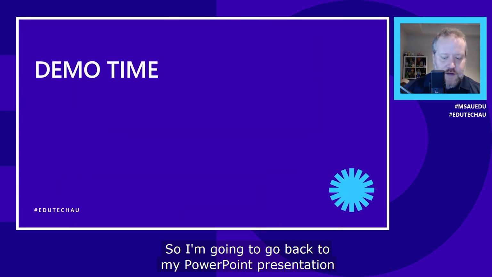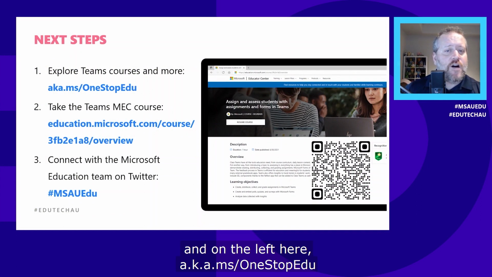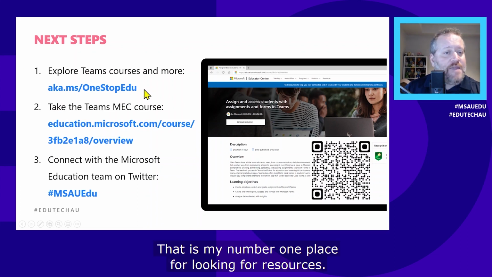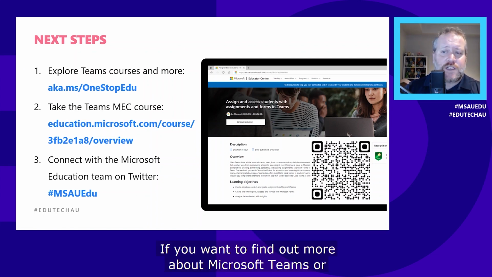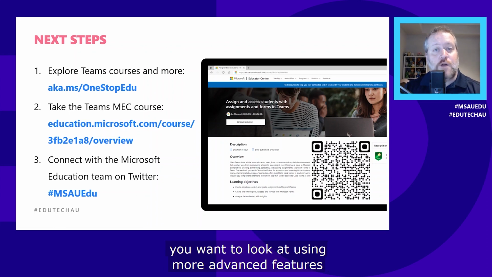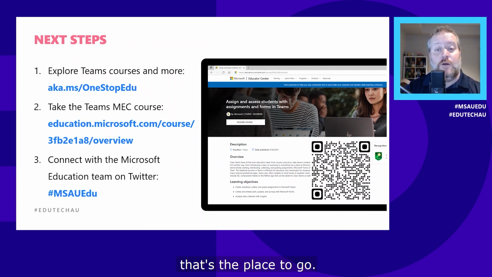So I'm going to go back to my PowerPoint presentation, and on the left here, aka.ms/onestop.edu. That is my number one place for looking for resources. I'll show you that in a second. If you want to find out more about Microsoft Teams, or you want to look at using more advanced features of Forms or Flipgrid or any of the other Microsoft products, that's the place to go.